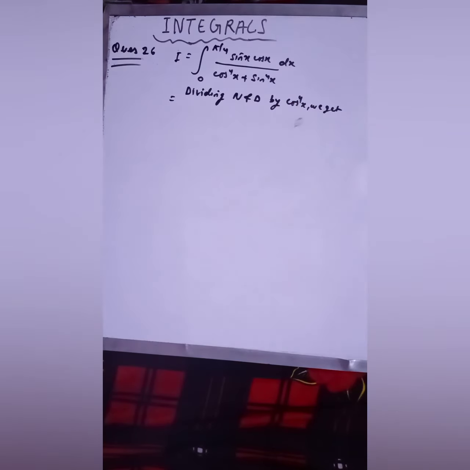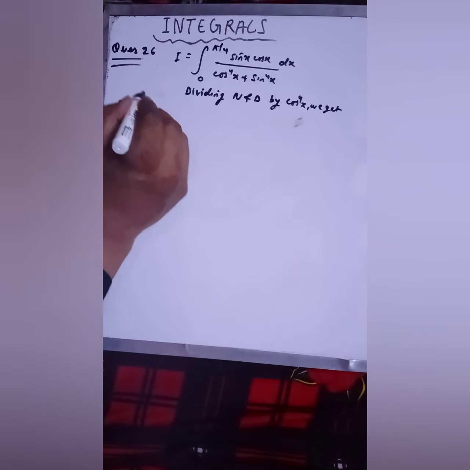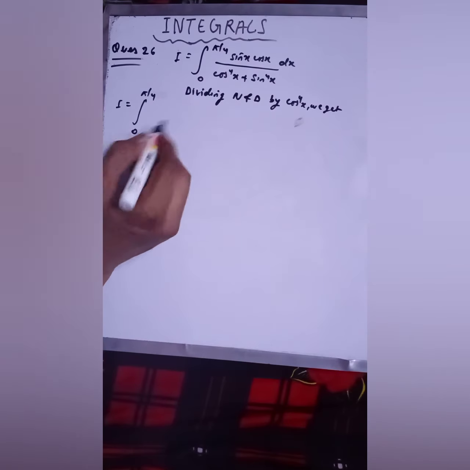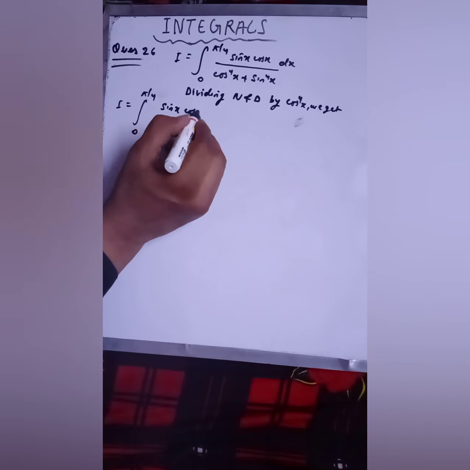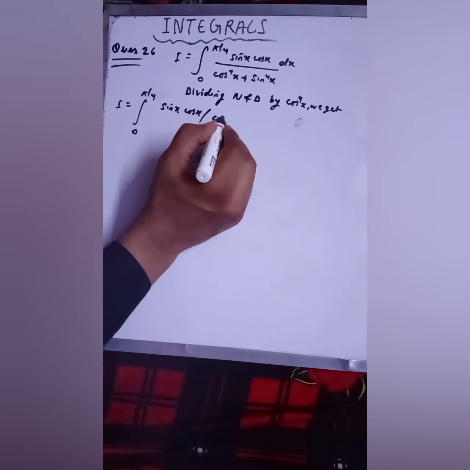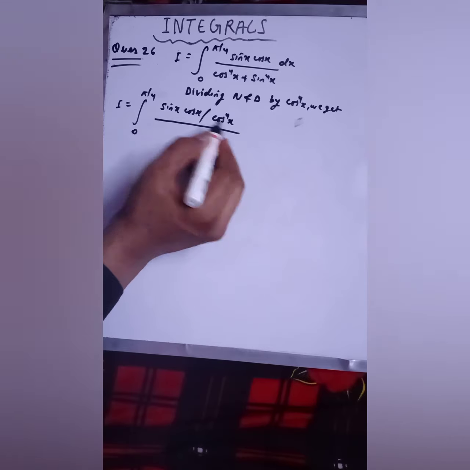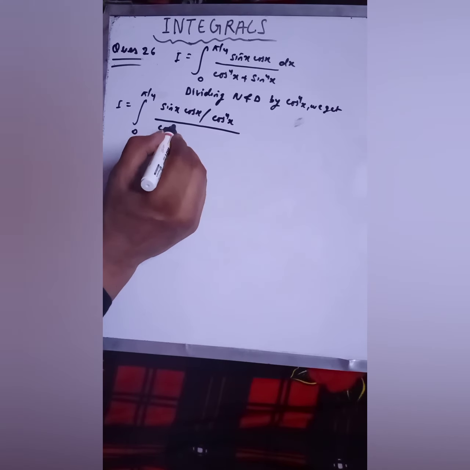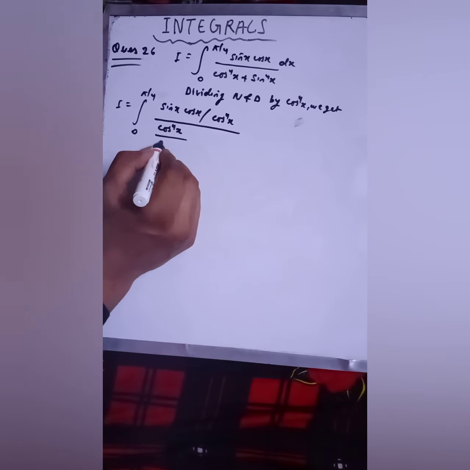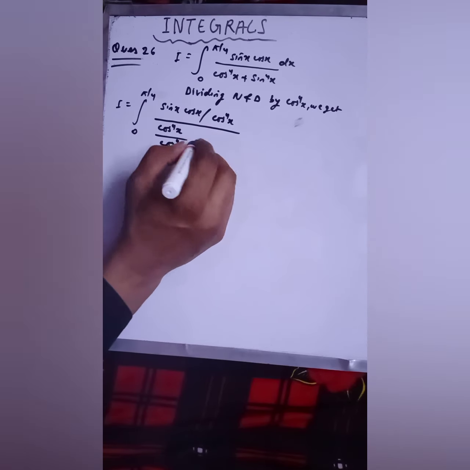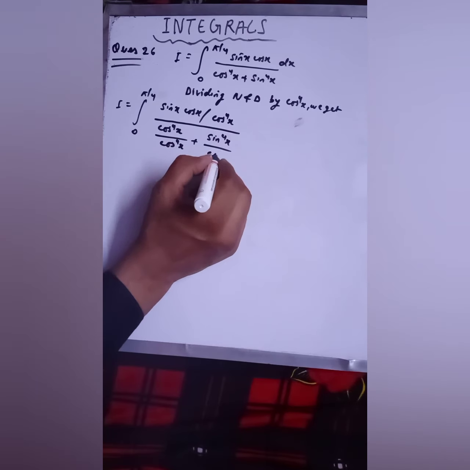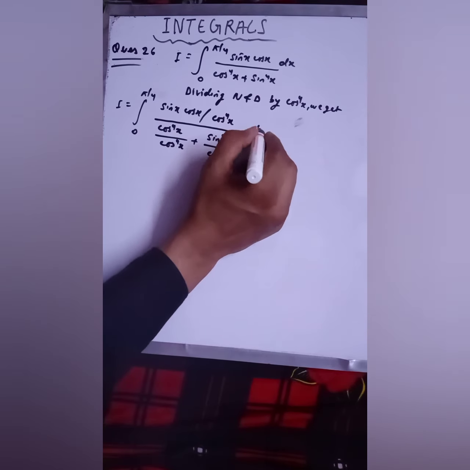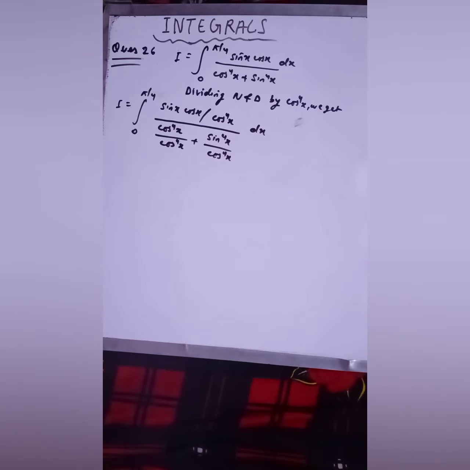When you divide it you will get I is equal to the integration of sin x cos x over cos 4x, and similarly cos 4x over cos 4x plus sin 4x over cos 4x, into dx.